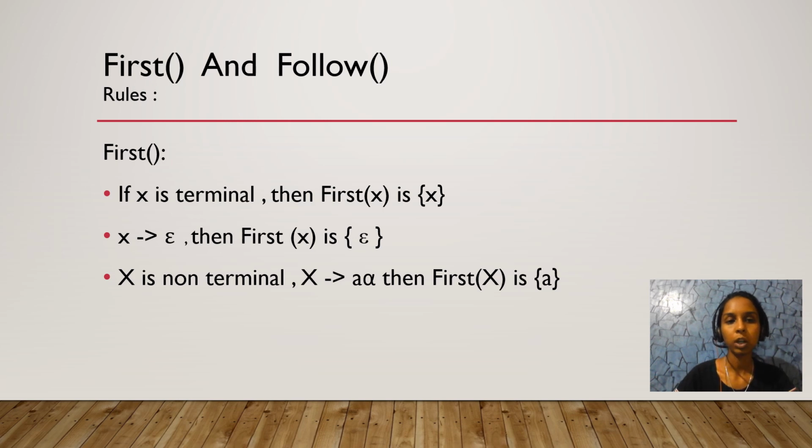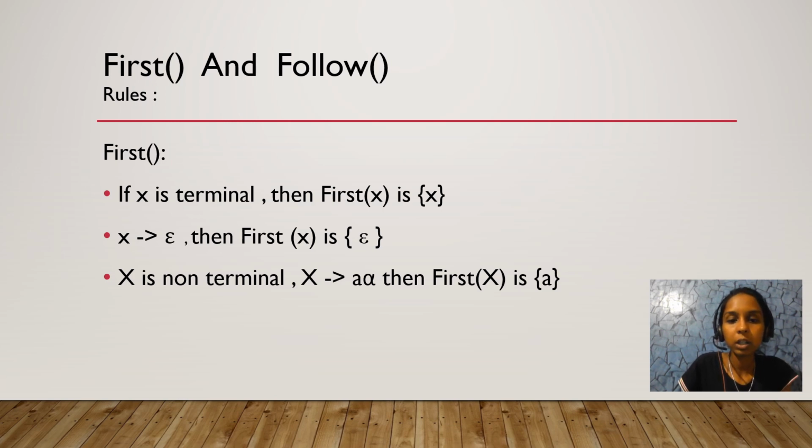To construct these, there are some rules. First we'll see the rules for the first function. If x is a terminal, then first of x will be x in the set, and if x tends to epsilon, then first of x will be epsilon. If x is a non-terminal, where x tends to a alpha, then first of x will be a.